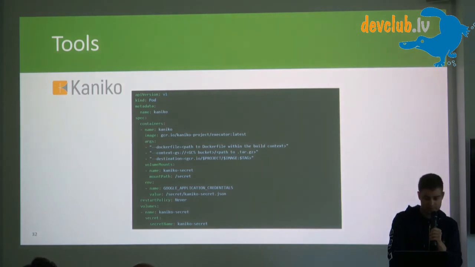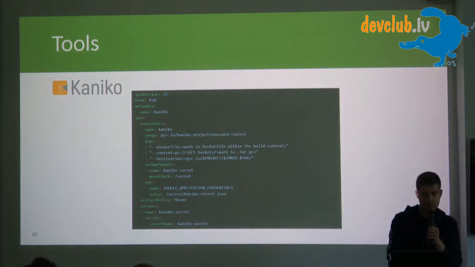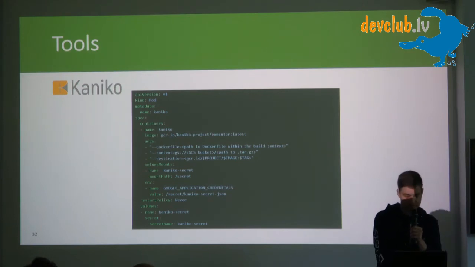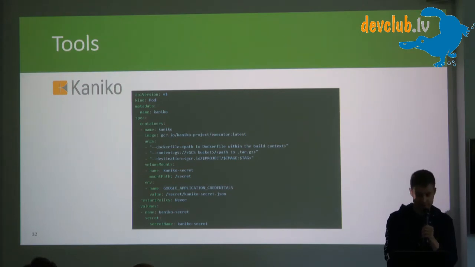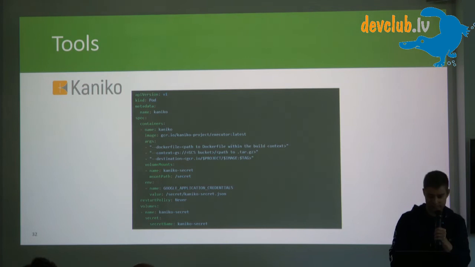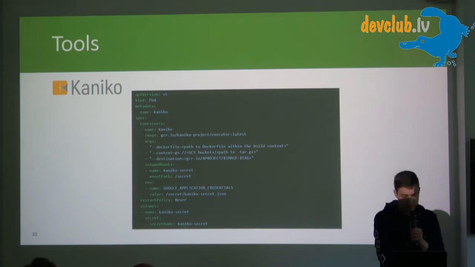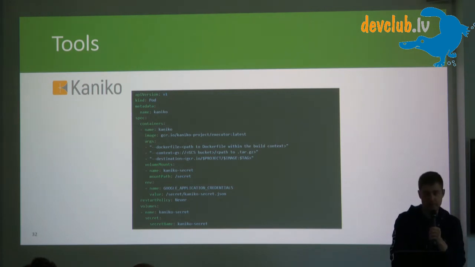Kaniko, a tool from Google that allows you to build Docker images inside Kubernetes. All that needs to be done is feed the Dockerfile to it. And we also built almost all of our images using it.